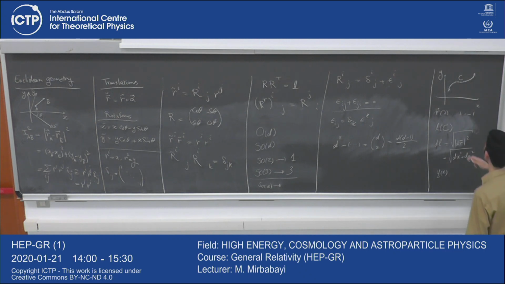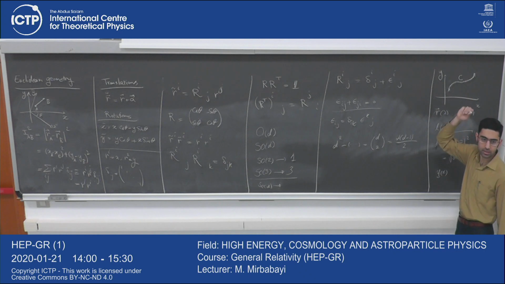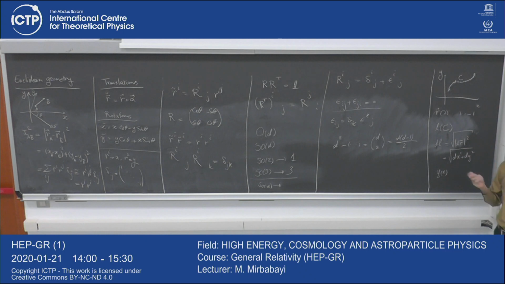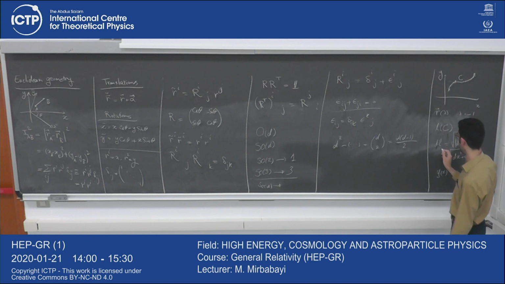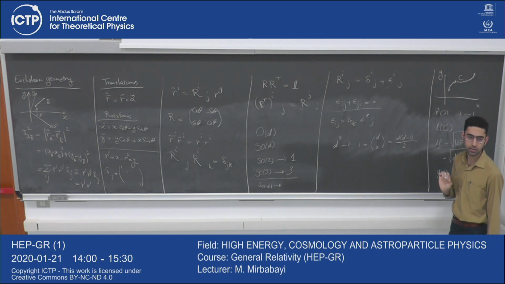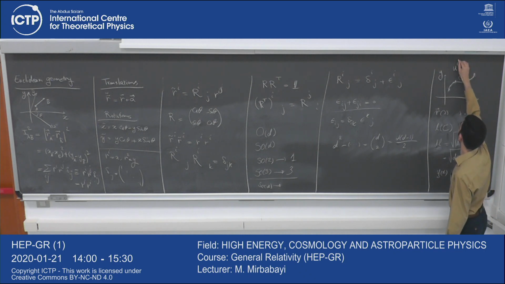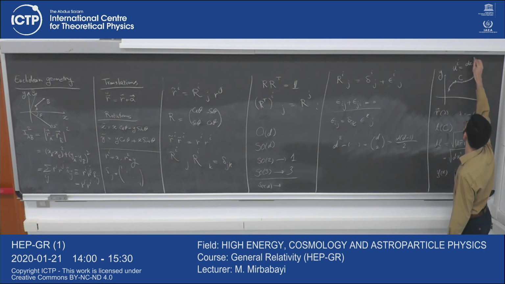We can also define the unit tangent to this curve. The tangent to the curve is just a vector that is tangent to the curve. If I want to define the unit tangent, I use the definition of the line element, the Euclidean line element. So the unit tangent to this curve will be u^i equals dx^i, or dr^i, divided by dl.